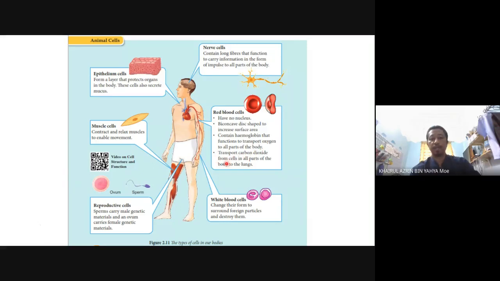Transport carbon dioxide from cells in all parts of the body to the lungs. And then here, white blood cells change their form to surround foreign particles and destroy them. Muscle cells contract and relax muscles to enable movement. And then here, reproductive cells, sperms carry male genetic materials and ovum carries female genetic materials.